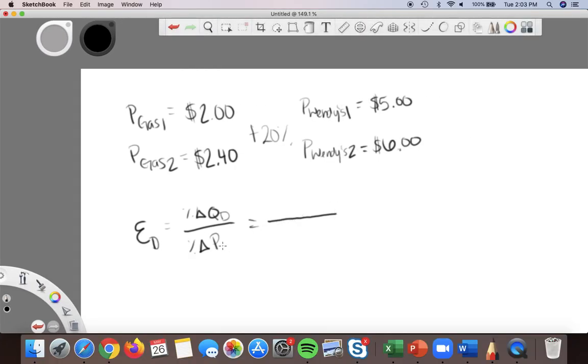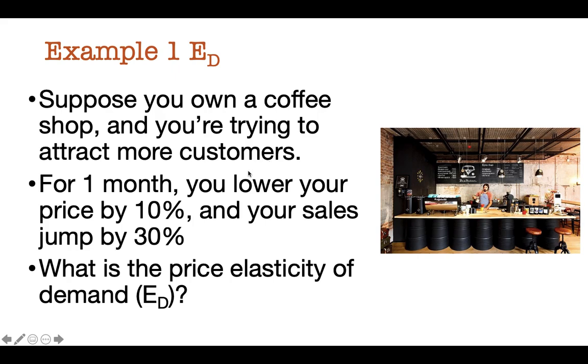So the percentage change in price, we're going to say here is negative 10%. Now I have this negative sign here because the question says we lowered prices. So adding negative signs when we're talking about decreases or something lowering or falling is going to be really important here so we get the right answer. So make sure you pay attention to the direction here.